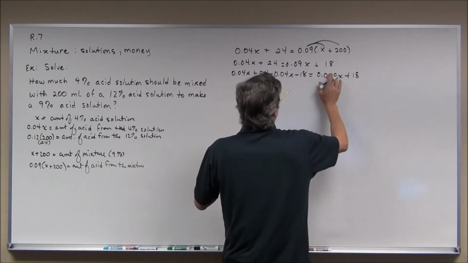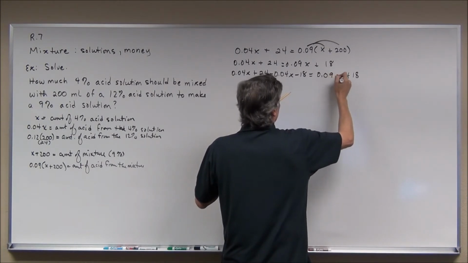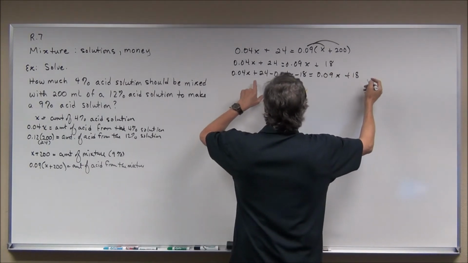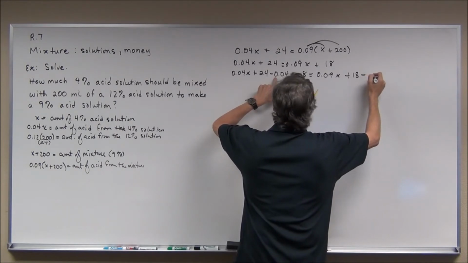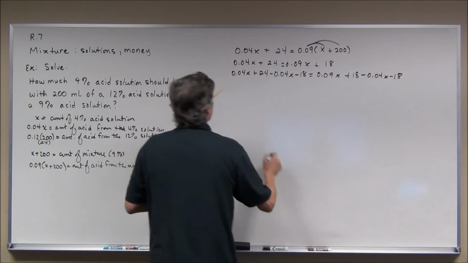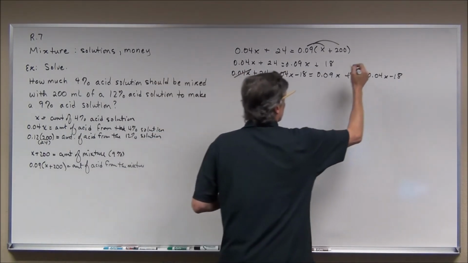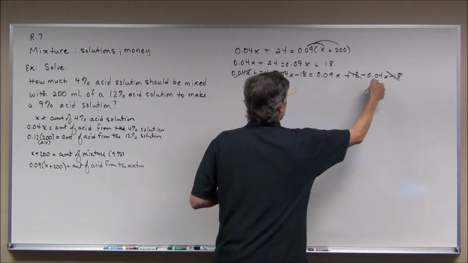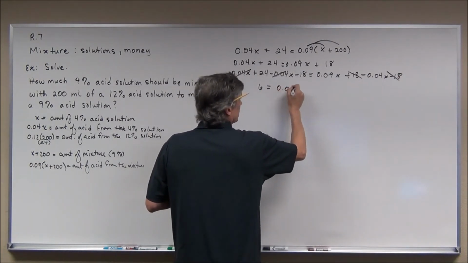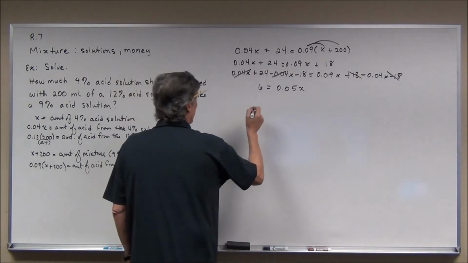Oops, one too many zeros. Don't get careless, which I just did. Plus 18, and then I'm going to subtract the 0.04x, and I'm going to subtract the 18. So that gives me 6 is equal to 0.05x. Now I'm going to divide both sides by 0.05.